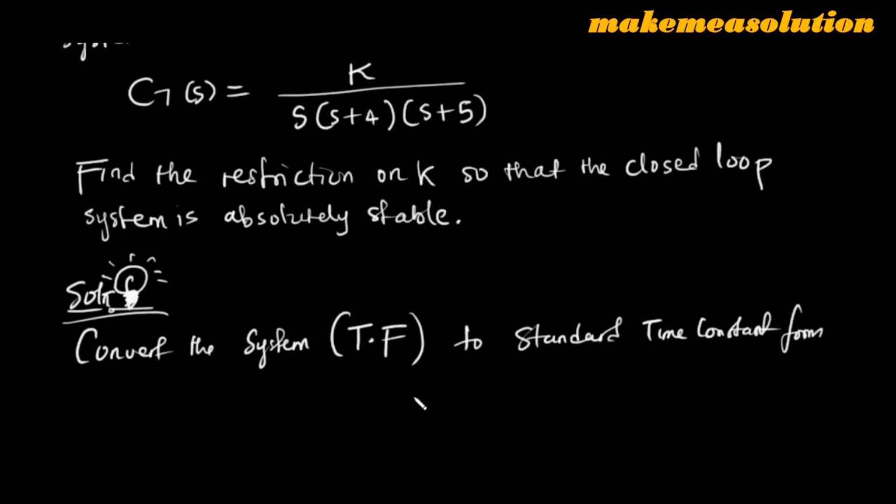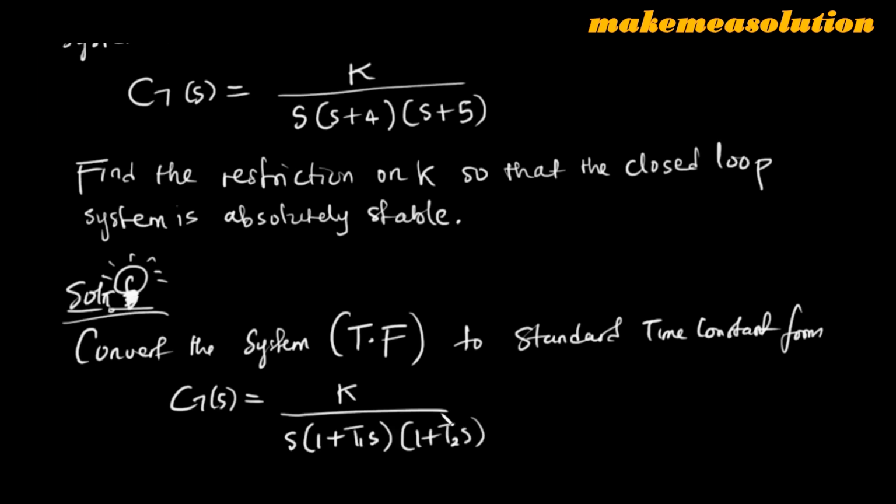The standard time constant form for a type 1 system is K all over s into (1 plus T1 s) and (1 plus T2 s). We always want to put it in this format. So that's what I'm going to do to this one.